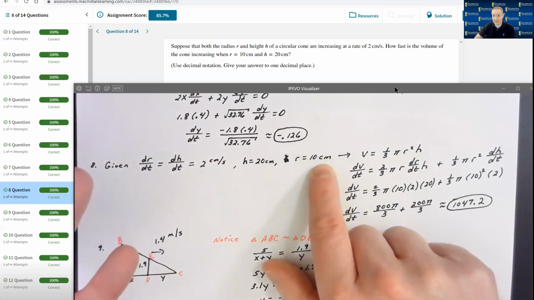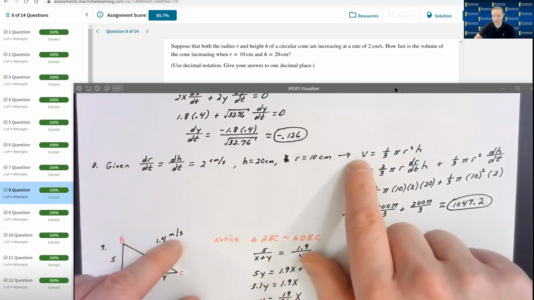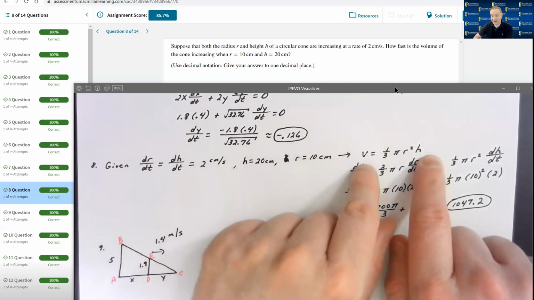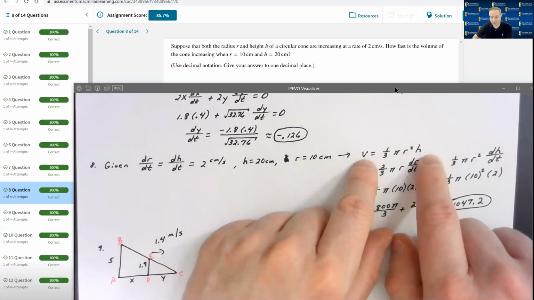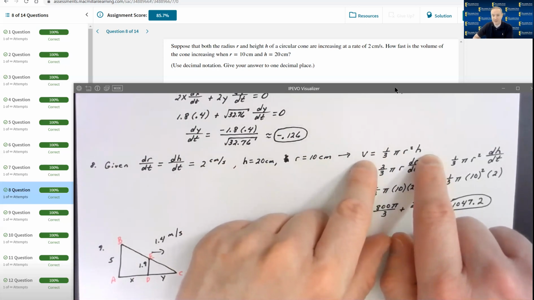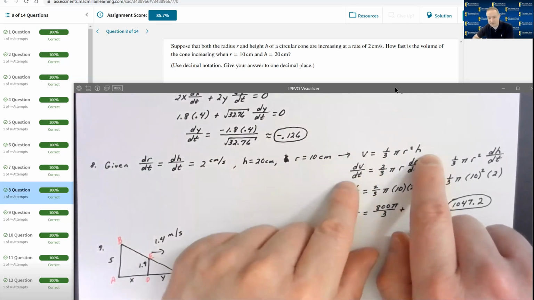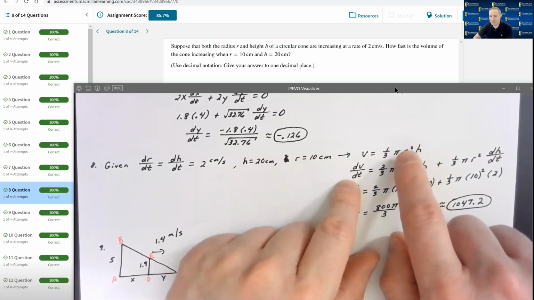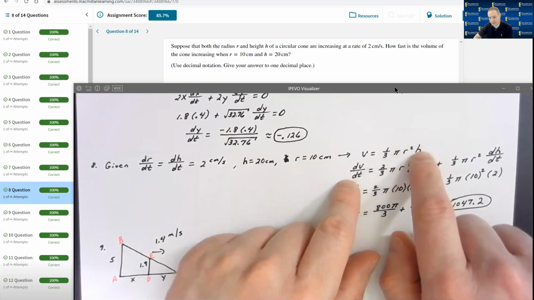Well, the volume of a circular cone, the basic formula, is 1/3 pi r squared h. Now I need to take the derivative of this formula with respect to time. So I can say, all right, the derivative of the left, dv dt. The derivative of the right, you need to be a little careful with because you have two differentiable functions with respect to time. The radius is a variable with respect to time and the height is a variable with respect to time. So you have to use the product rule.